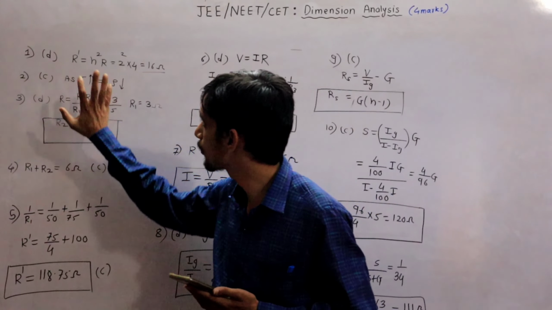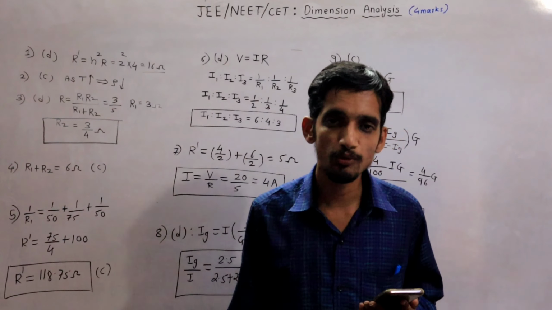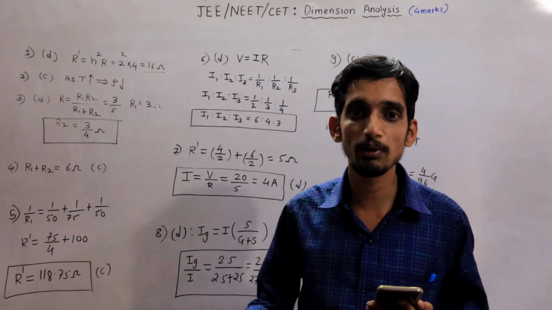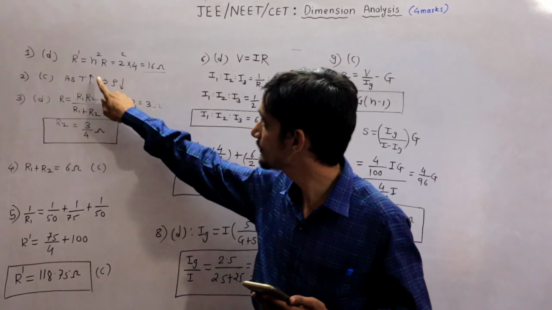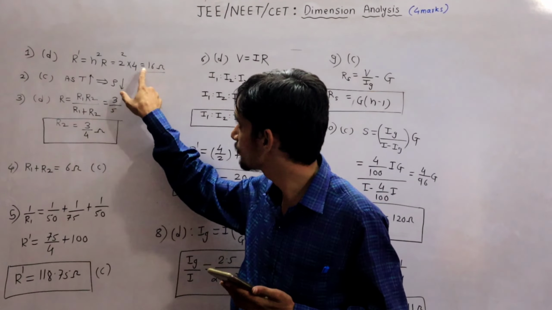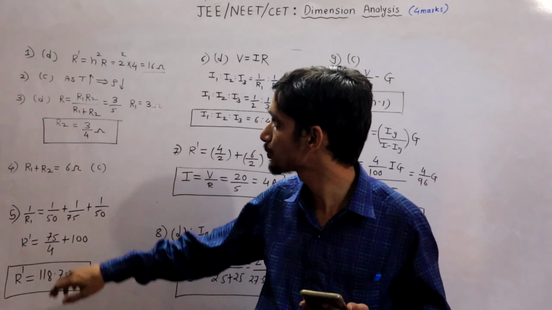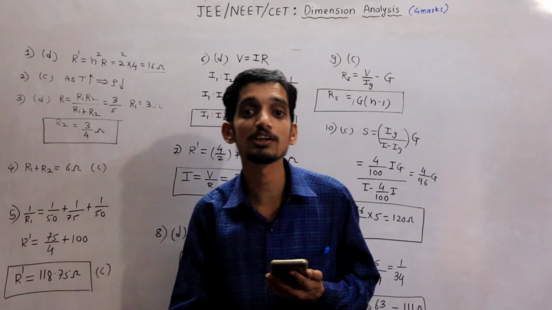So R is equal to rho L by A, and if we arrange it for A, it becomes L square. So that's why it is n square. So 2 square into 4, that is 16 ohm. So option D is the answer for this question.